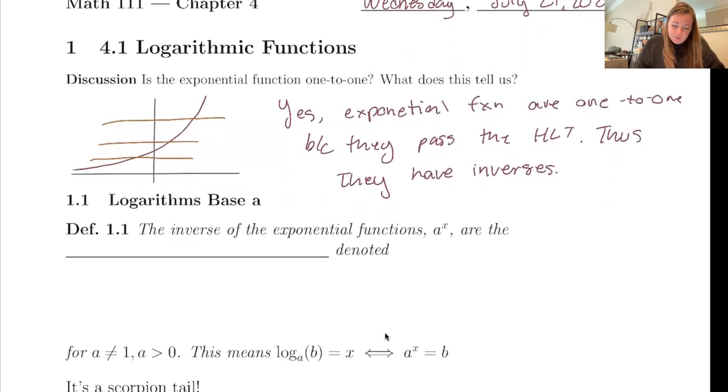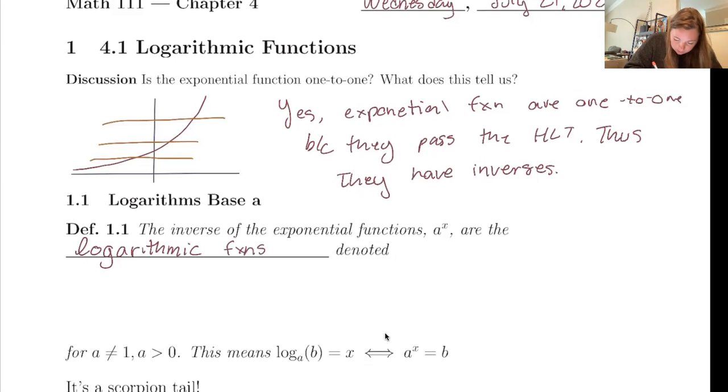So the inverse of an exponential function a to the x. That was the first thing we covered when we talked about exponential decay and exponential growth, and then we specifically talked about exponential functions in 3.3 and 3.4. So the inverse to exponential functions are the logarithmic functions.